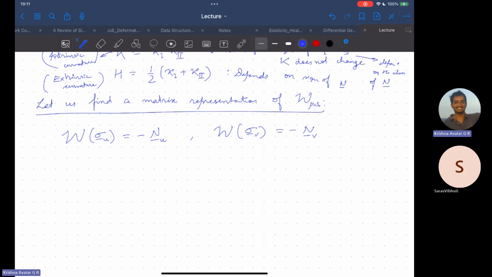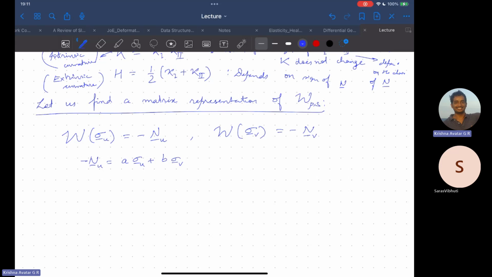So what we saw is the Weingarten map: sigma u is minus nu, sigma v is nv. Which means that we can write minus nu in terms of a sigma u plus b sigma v, because we know that nu is perpendicular to n, which means that it can always be represented in the tangent plane TPS.